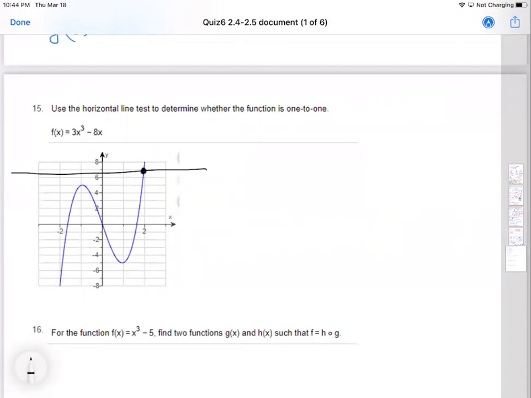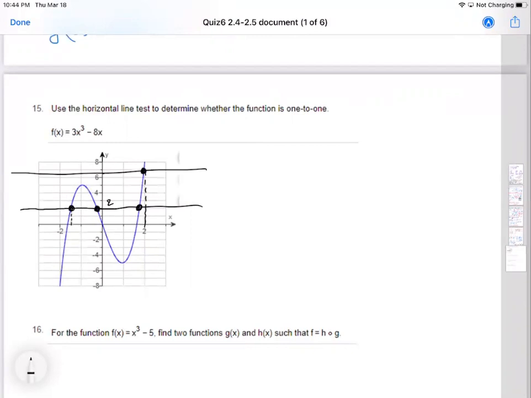That means that for that value of y, we have only 1 input. But if I draw y equals 2, this line intersects the graph in 3 points. What this means is that I will have 3 x values that map to y equals 2.